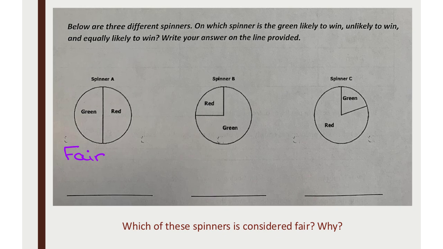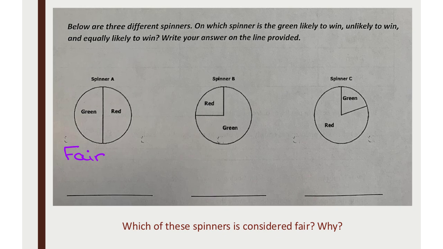She says because it's half and half. Okay, does something have to be half and half, that 50-50, in order to be fair? Not really. They just have to have an equal amount. She nailed it. For something to be fair, it does not have to be 50-50. Okay?